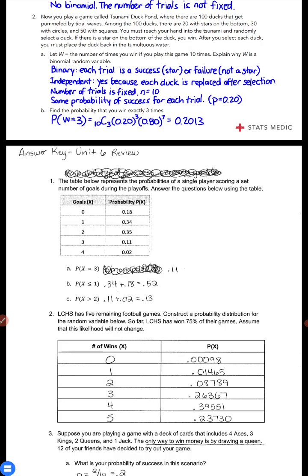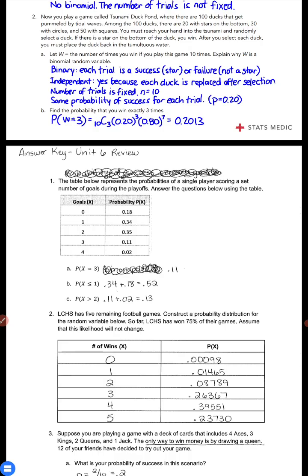You must reach your hand into the tsunami and randomly select a duck. If there is a star on the bottom of the duck, you win. After you select each duck, you must place the duck back in the tumultuous water. Okay? And we are going to call W the number of times you win if you play this game 10 times. So why would W be a binomial random variable?